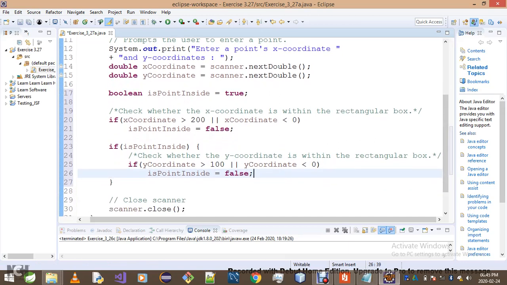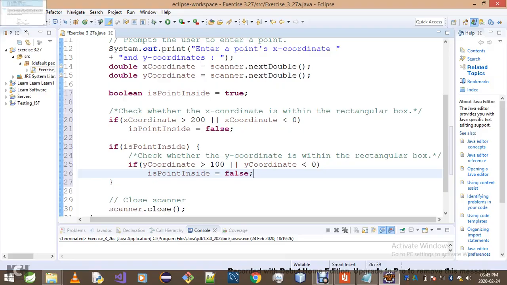Once I'm through with that, after line 26, I would know whether or not my point is actually within the rectangle, not necessarily the right angle triangle, but my rectangular box.